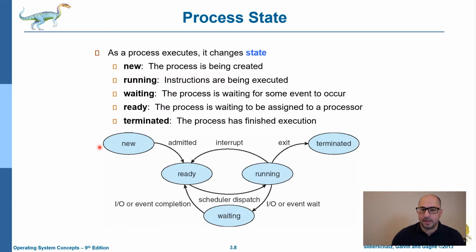This is one model, but the idea is that a process has a state and it flows between those states, like your deterministic finite automata or your NFAs. The idea is that we start in an initial state, which in this case is new, it's just been created.